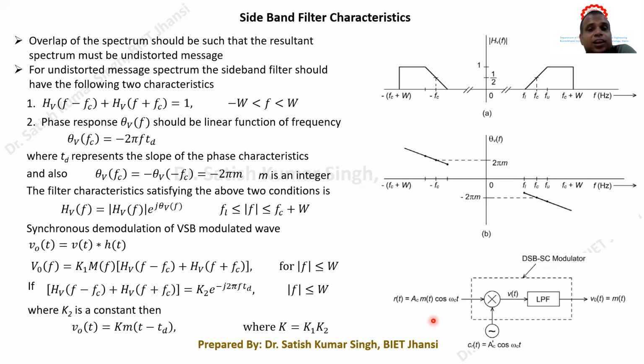If the output comes after a 2 millisecond or 5 millisecond delay, there will be no harm in it. But if different frequency components are delayed by different amounts of time, then that output will be very annoying.